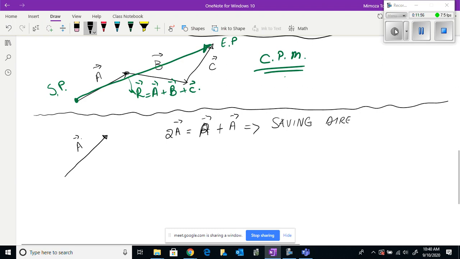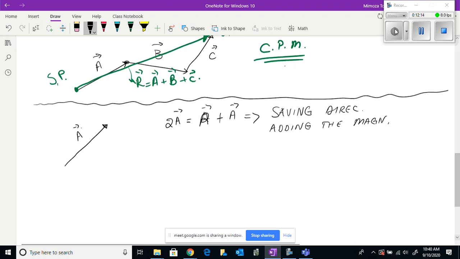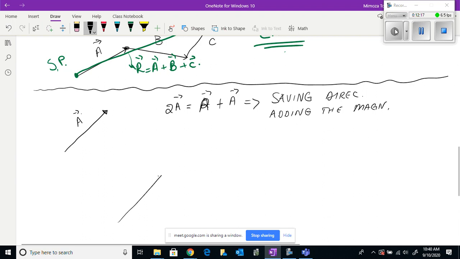So you will have the same direction, but adding the magnitude. So A plus A will be something like this. A once, and then A twice. So the whole vector here is 2A. So this is A, and this is A. Okay.